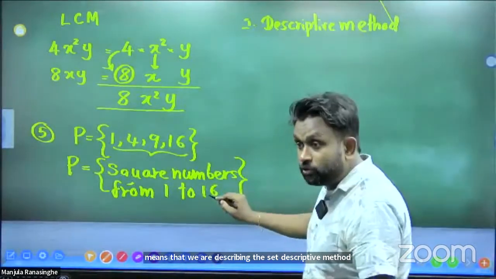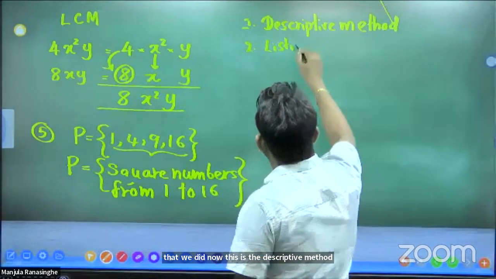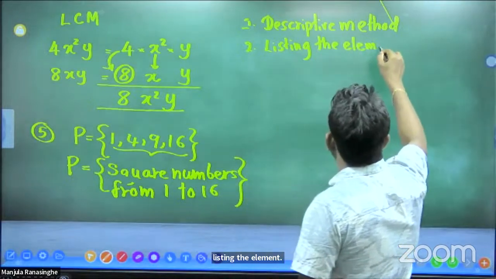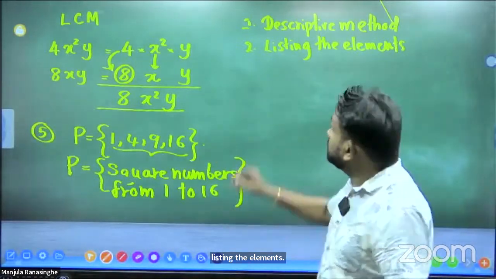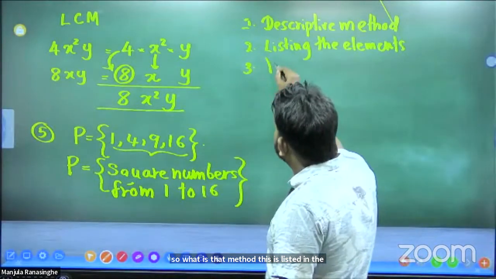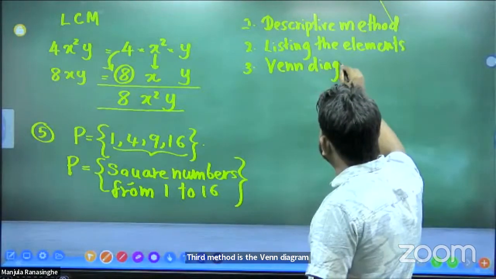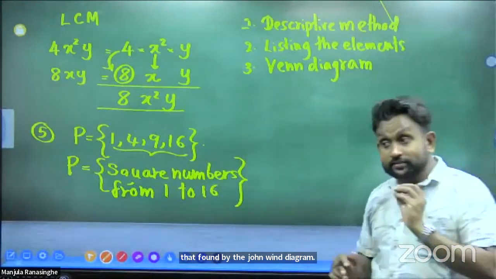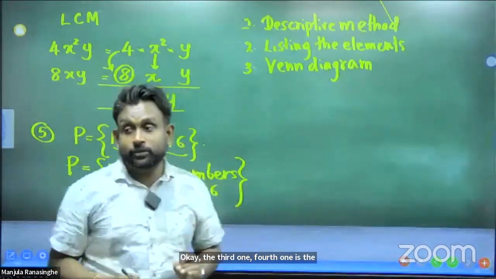The second one is listing the elements. This is the listing the elements method. The third method is the Venn diagram, which was found by John Venn. Okay, the fourth one is the difficult one for students, and sometimes that is given in the exam.